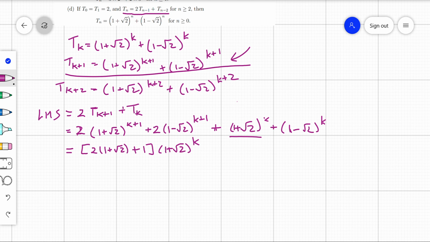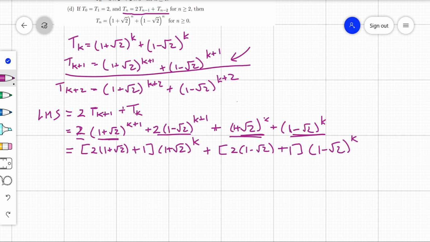So I separated out this 2 and 1 of these brackets, so I could have (1 plus root 2) to the power of k, and then I've got one of these as well. If I do the same for 1 minus root 2, I've got two lots of (1 minus root 2) to the k's, plus one lot here of (1 minus root 2) to the k's.